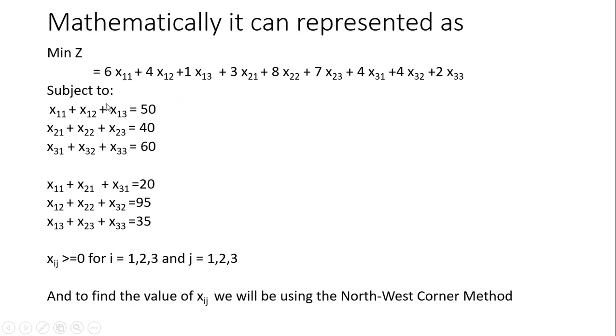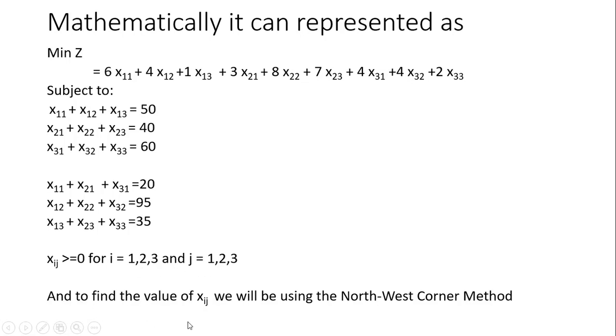This minimization function is subject to constraints. The first three are the supply constraints, and the next three refer to the demand constraints. The third constraint is that xij has to be greater than or equal to 0 for i equal to 1, 2, and 3, and j equal to 1, 2, and 3.